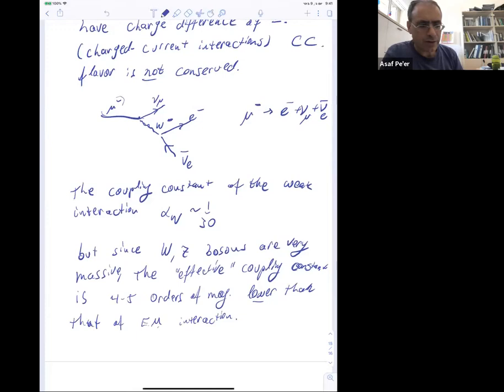Something like 10⁻⁶ or 10⁻⁷, justifying the name weak interaction. And the reason, again, is that at low enough energies, the probability of producing the virtual W and Z bosons is very low. Again, that's one of the reasons why in particle accelerators, we go to higher energies.